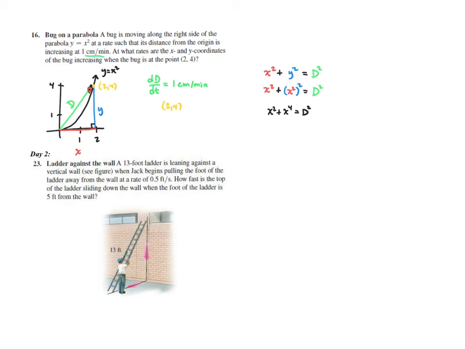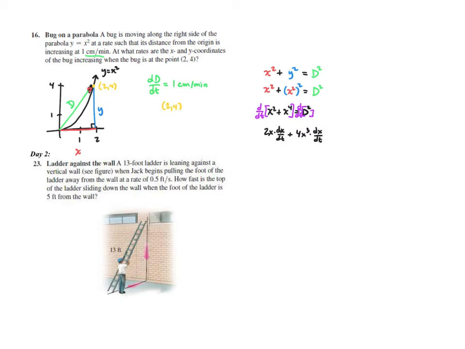And now I'm going to differentiate both sides with respect to t, d/dt. All right, so if I differentiate this, I would get 2x times dx/dt plus 4x cubed times dx/dt.